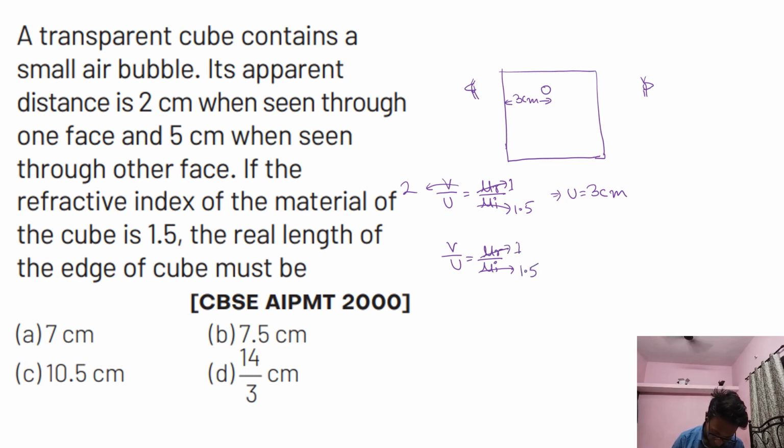The perceived distance is 5, so U is equal to 5 into 1.5, which is 7.5 centimeter. So from out here it is 7.5 centimeter. So the total distance is 7.5 plus 3, which is nothing but 10.5 centimeters.